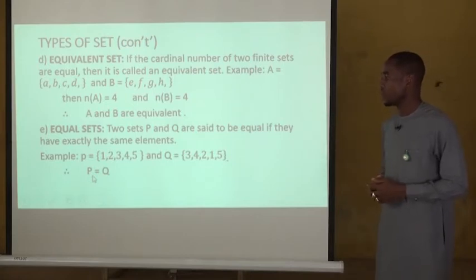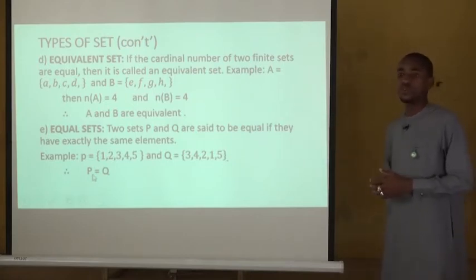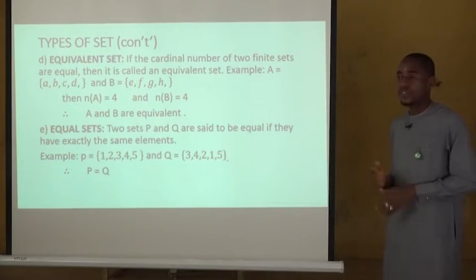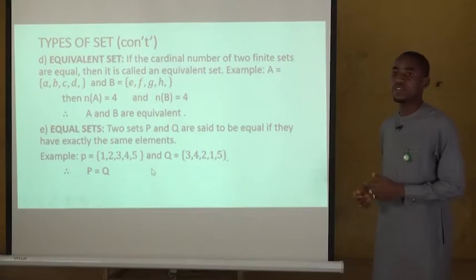Therefore, for example, set P has elements 1, 2, 3, 4, and 5, and set Q has 3, 4, 2, 1, and 5. Observing these two sets carefully, you will see that each and every element in set P is also in set Q. In this regard, the order of arrangement doesn't matter. As long as each and every element in P is in Q, therefore P is equal to Q.